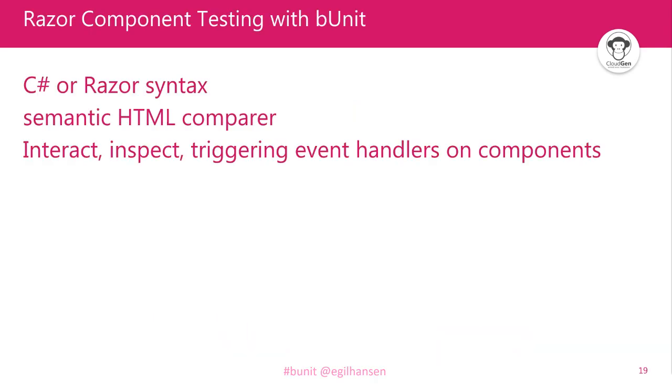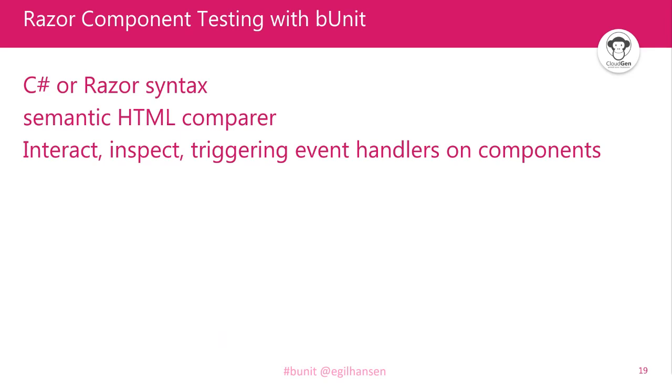So bUnit has a little bit different of a solution than xUnit. It works with xUnit and other test libraries, but it's specifically to test components that are built for Blazor, things that render markup. So we can write C# or Razor syntax with these bUnit tests. It has a semantic HTML comparer built in.